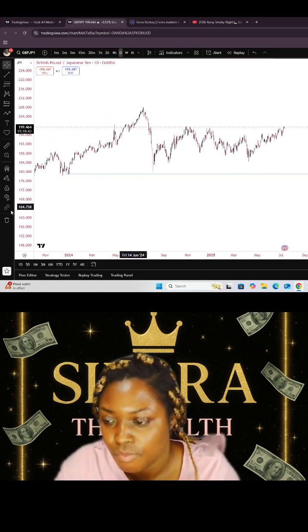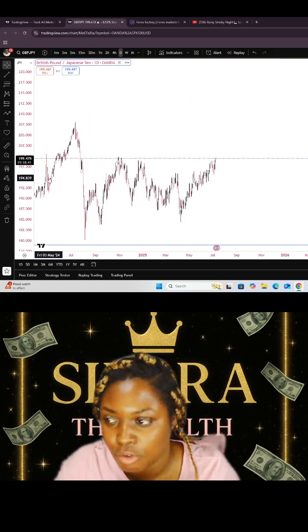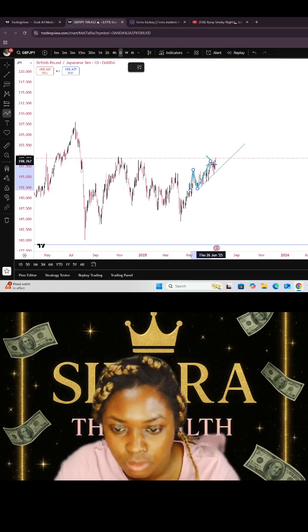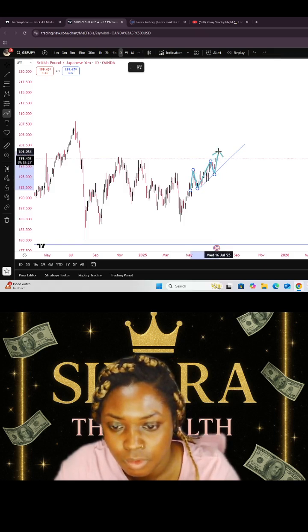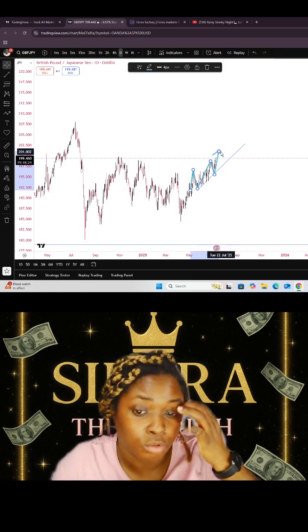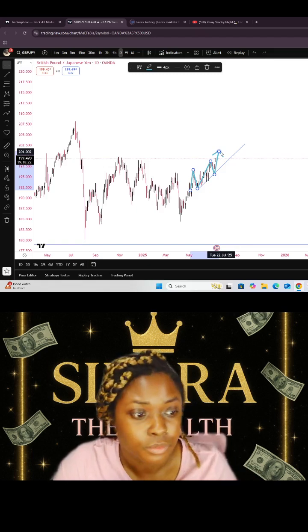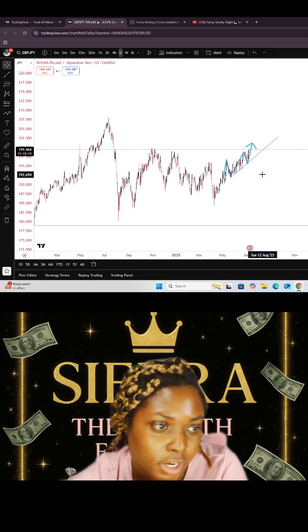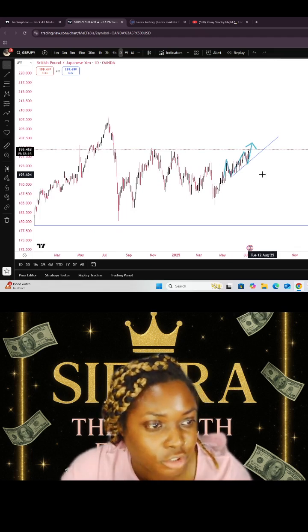Okay. So although I can draw a trend line over here, and I do see a trend here, remember it's internal structure. Okay. So hopefully that made structure clear and our break of structure is clear.